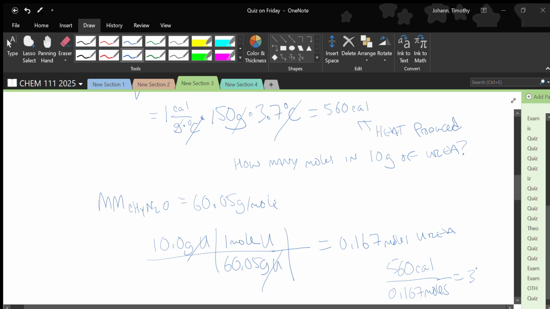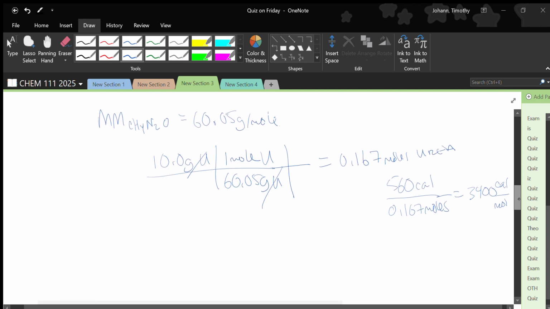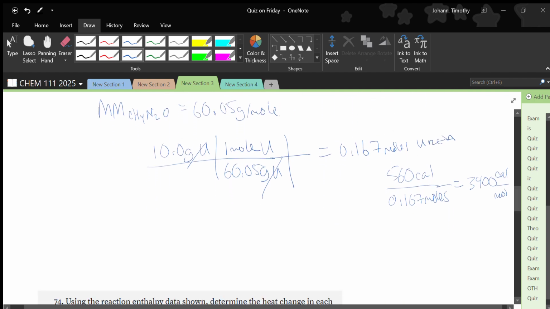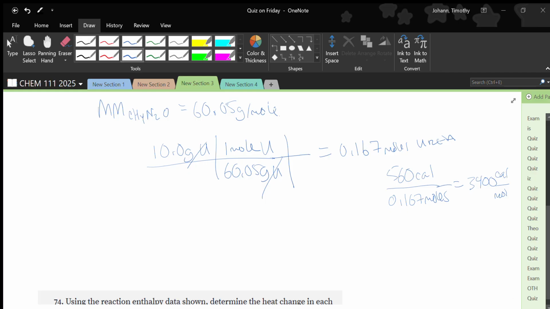Once again, I'm going to do the significant figures correctly, but you just need to be close. Okay, so calories per mole. I definitely don't want you spending most of your intellectual power on significant figures. I don't want you getting hung up on significant figures and missing the other more important stuff. Okay, so that's what I got. Is that what other people got? I see some nods. Okay, great.